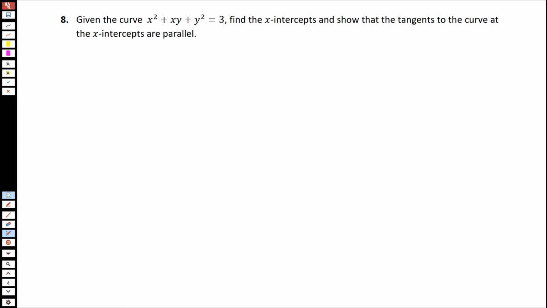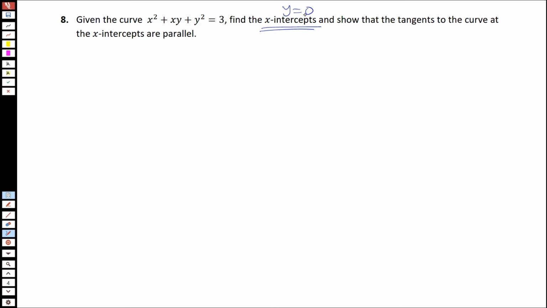On this curve, we are required to find the x-intercepts and to show that the tangents to the curve at these x-intercepts are parallel. Now, we know that on the x-intercepts, y is equal to 0.